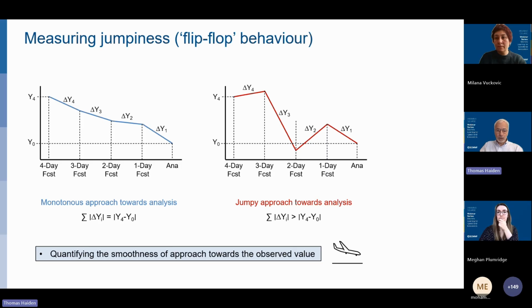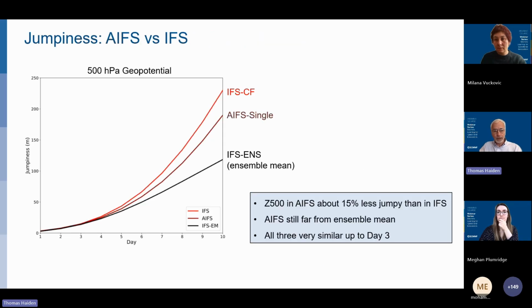So with this quantification, we can then compare the AIFS control forecast and the AIFS single. And these are the top 2 curves here. And we can see that AIFS is about 15% less jumpy than the AIFS.